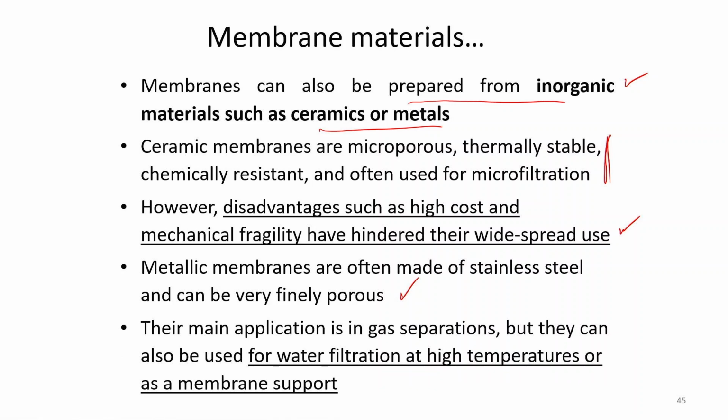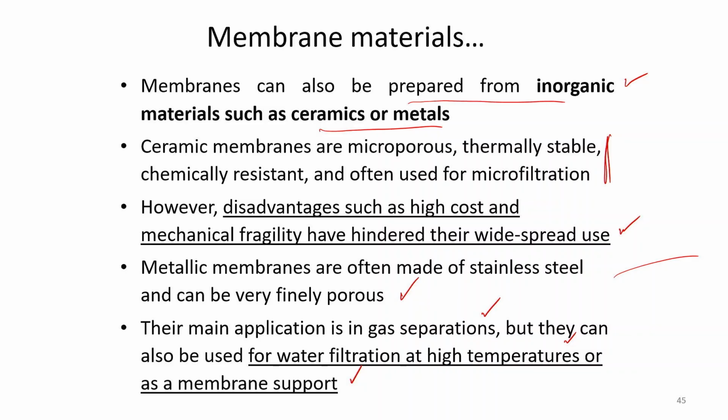So, inorganic materials like ceramic and metal membranes are basically used for gas separation, high temperature gas separation, but we can also use them in water filtration like high temperature water filtration, or as a membrane support. For a membrane we need a porous support, and polymeric membranes cannot be used at high temperature.